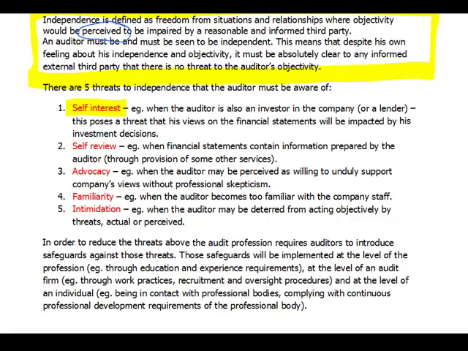Now consider, for example, if an auditor is a shareholder in the company. Quite obviously, that auditor will be biased towards showing good financial results. Similarly, if the auditor is a lender to the company, again, the auditor would like the financial statements to look good. He would like to see the profit in those financial statements.